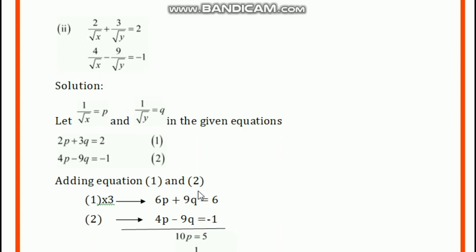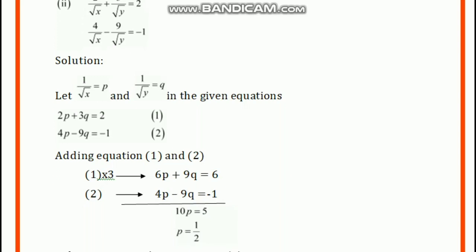So here we know that 9q minus 9q will be cancelled. Okay, so 6p plus 4p equal to 10p, then 6 minus 1 equal to 5. Here no need to change the sign. While adding we do not need to change the sign. Understand? While subtracting only we need to change the sign.